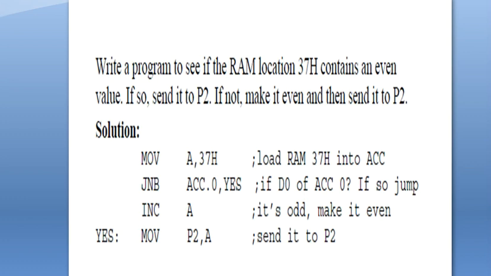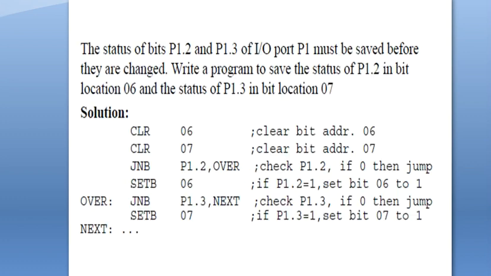So next we're going to see some other examples. Here in this case, the status of bits P1.2 and P1.3 of input IO port P1 must be saved before they are changed. Write a program to save the status of P1.2 in bit location 06 and the status of P1.3 in bit location 07.